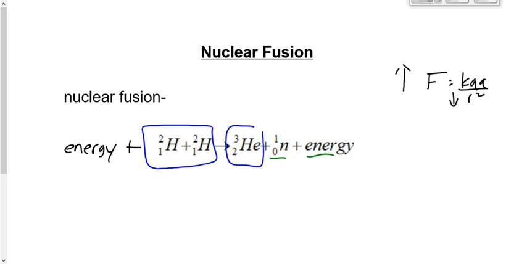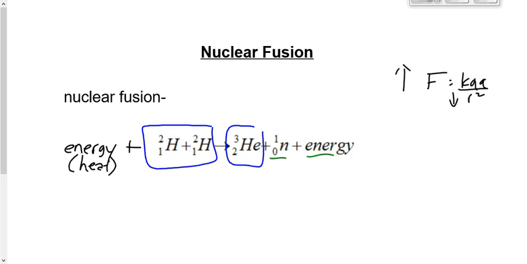This is not quite the exact reaction that takes place inside the sun, but it's a fusion reaction as well. Where does the energy come from in the sun to cause hydrogen to fuse together with more hydrogen? The sun's really hot. If we have a tremendous amount of heat, then we can overcome the repulsive force between the hydrogen, fuse them together, and produce helium-3, another neutron, and some more energy. More energy than we started with.